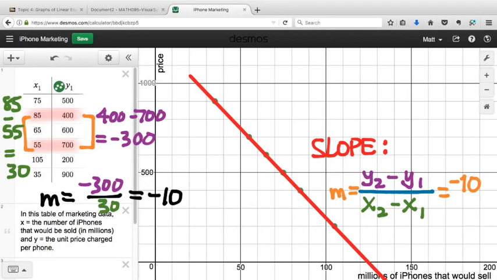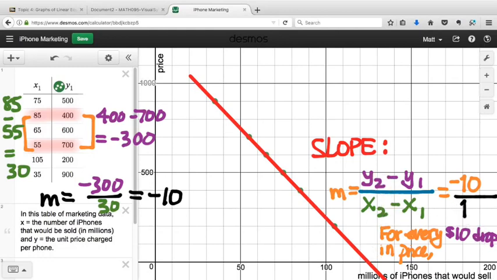And at the end of class last time, we also gave an interpretation to what this -10 means. If we think about it as a fraction, -10 over 1, then we can think of the -10 upstairs as being a difference in y values. And since the y values are the prices of these iPhones, this would mean that we're looking at a $10 drop. For every $10 drop in price, the denominator here relates to a difference in the x values.